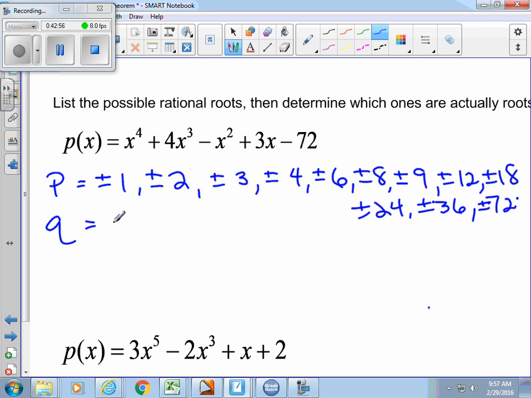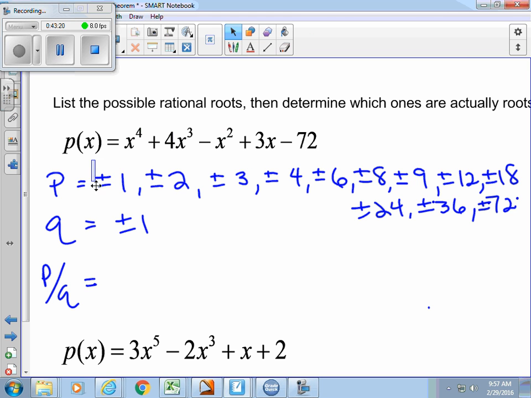Luckily, since P was so bad, what's Q? Just plus or minus 1. So when I do divide everything by that positive or negative 1, what do I get? What will P over Q be? What will that list be? It's the same list as the P. Everyone agree with that?